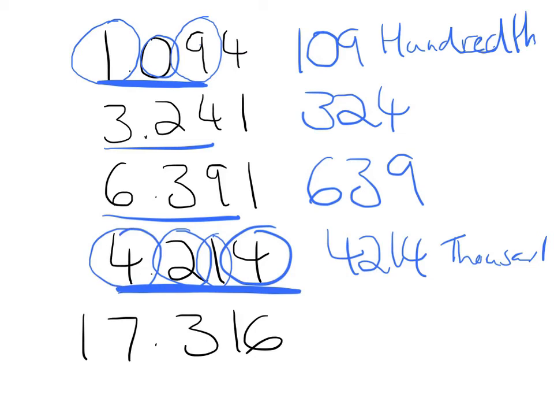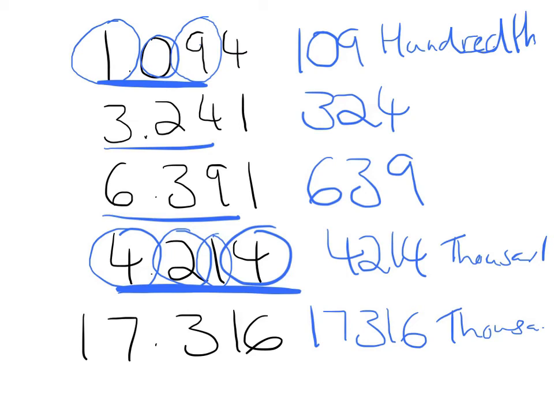And in this last number, 17.316, there are 17,316 thousandths. There's quite an easy pattern you can use: often you just take the decimal point out and work your way to the left.